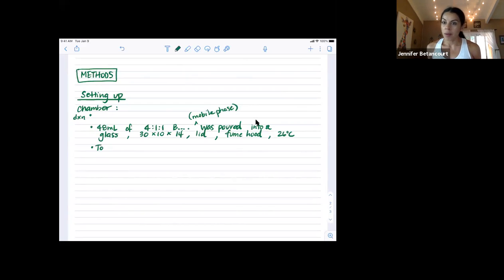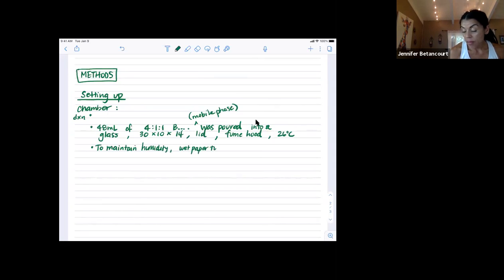To maintain humidity. In case people are like, why is she sticking trash in there? Okay. To maintain humidity, something about your wet piece of paper towel. That is it. We're not explaining why humidity is important for thin layer chromatographies to work.